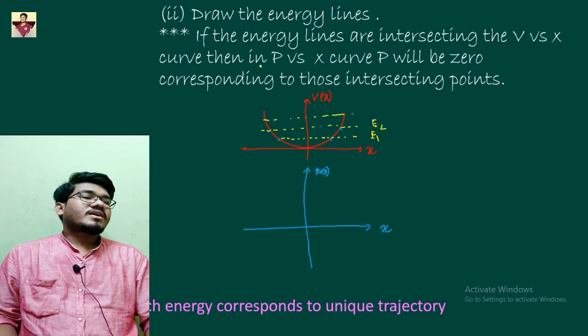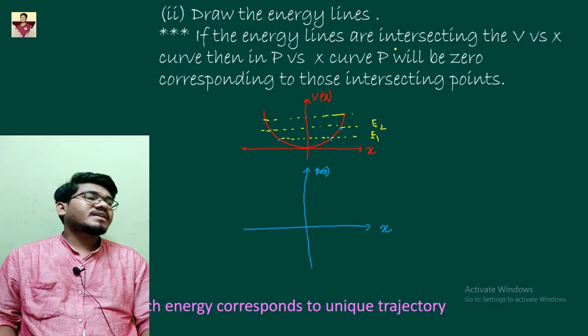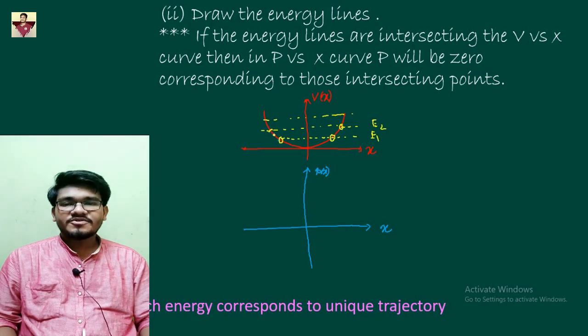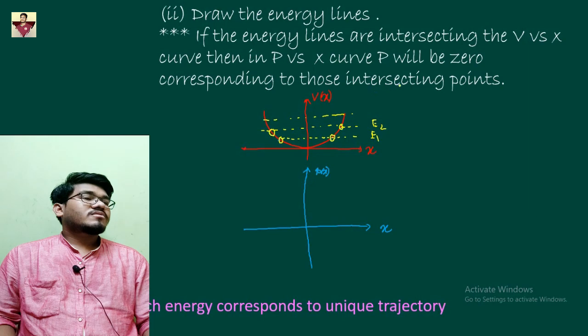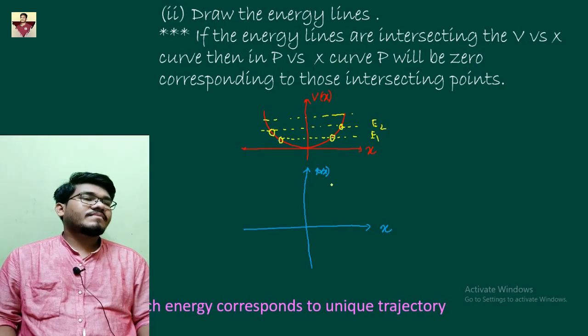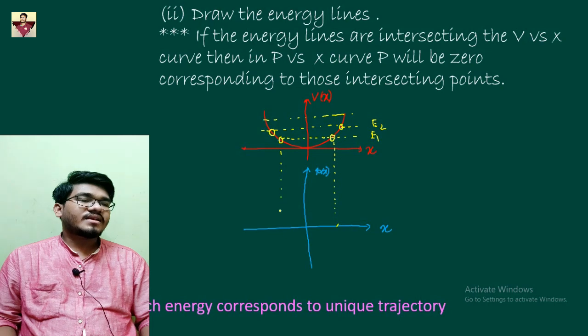The important point is that if the energy lines intersect the V versus x graph, at this point and also at this point, and for the other case at this point and also at this point, then in the P versus x graph, P will be 0 corresponding to those intersecting points. For E1, two intersecting points are there, and another is here.